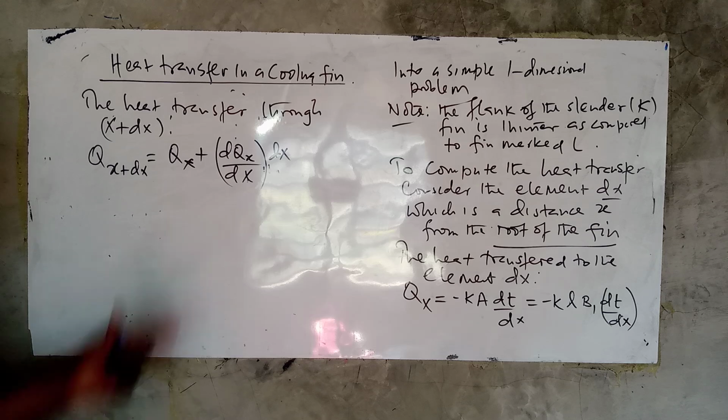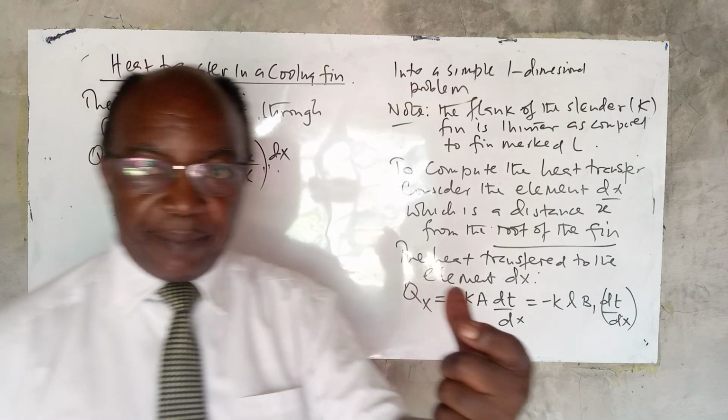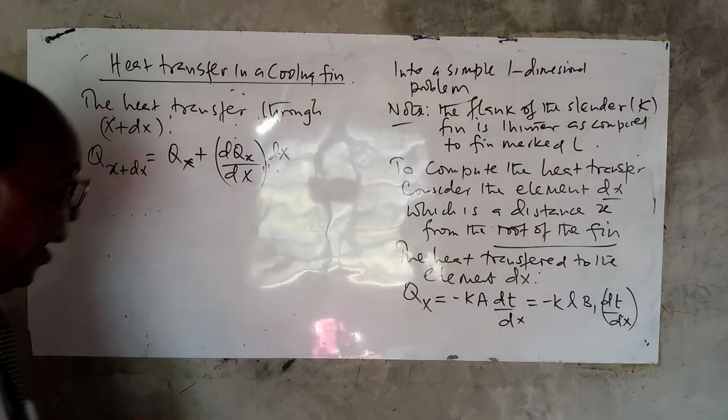So that's just the element. If you cancel these quantities in your mind, you're left with dq, which should be associated with that element dx.